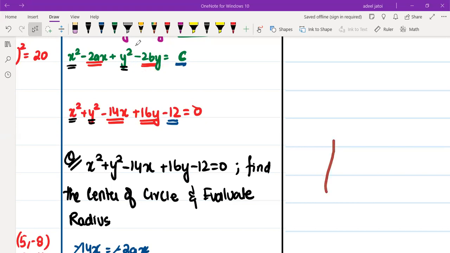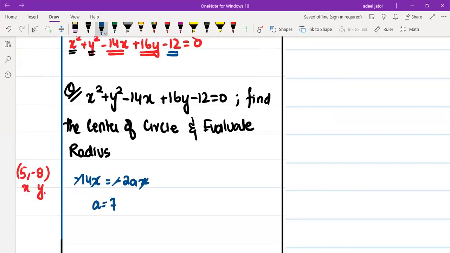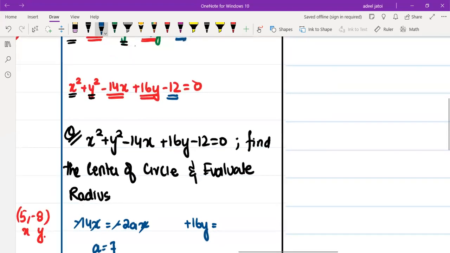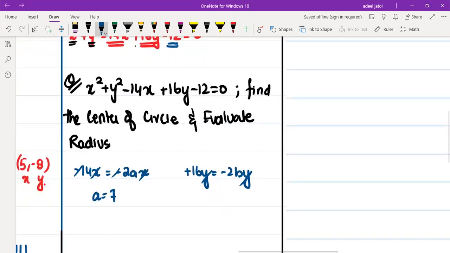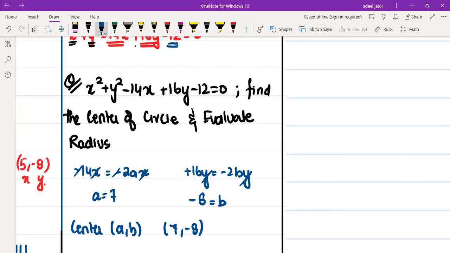So we have +16y equal to -2by. y is cancelled. We are left with -8, which is b. So your center of circle, which is always (a, b), is now (7, -8).